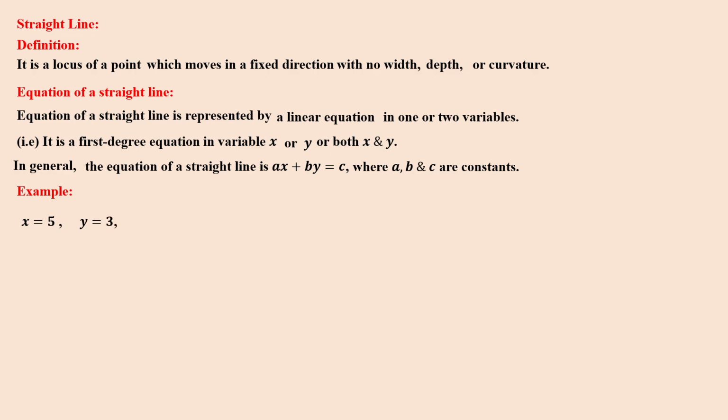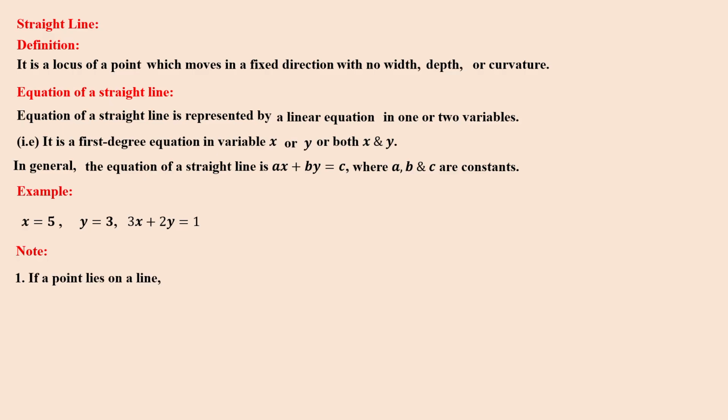Here the degree is 1 because the power of x is 1. We know a quadratic equation is x square plus 2x plus 3, where the maximum power is 2. Here the power is 1. That is called degree. 3x plus 2y equal to 1.